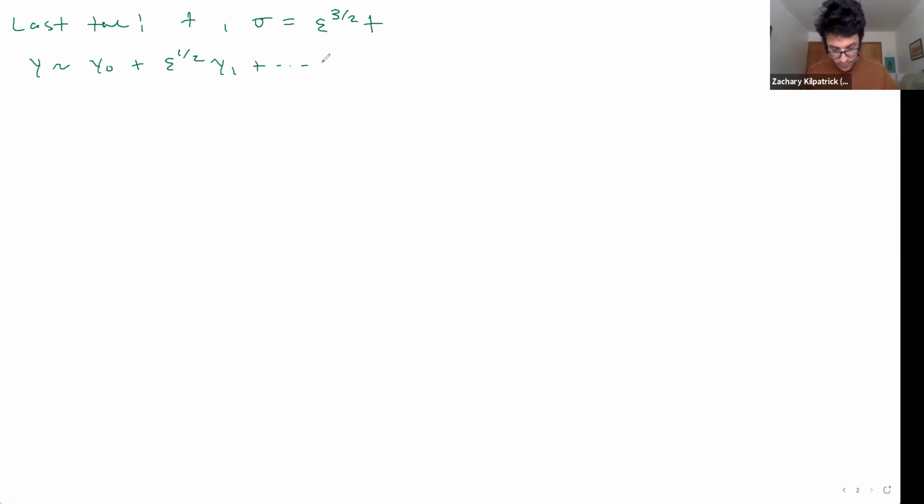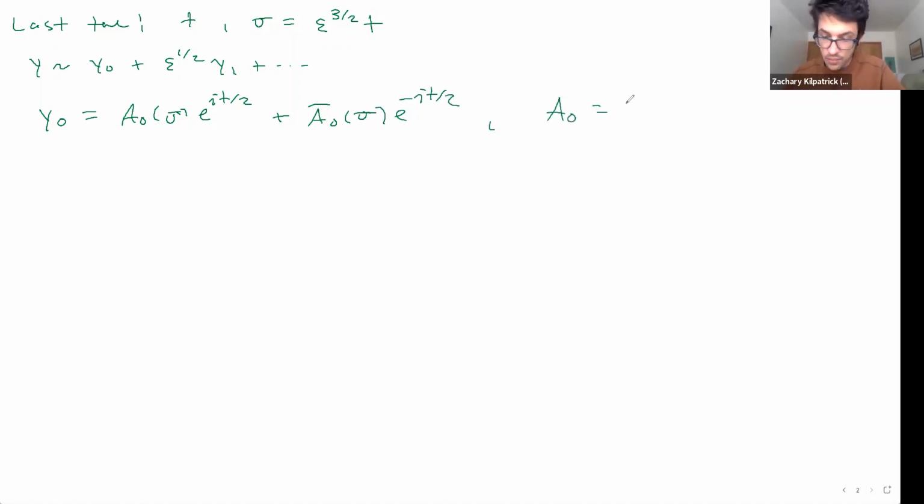What we found is that for y0 equals A0 of sigma e to the i t over 2 plus A0 bar of sigma e to the i t over 2, we had found that A0 should be of the form i b0, where this is some real function.